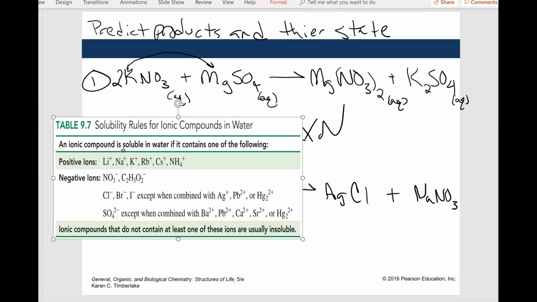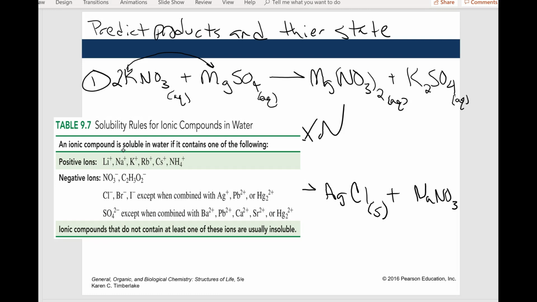And we have silver chloride. Is it going to be soluble or insoluble? Well, it contains chlorine, so we find chlorine over here. And that would normally mean it would be soluble, but since it's bound with an exception, that means it's insoluble. So this is going to be a solid.